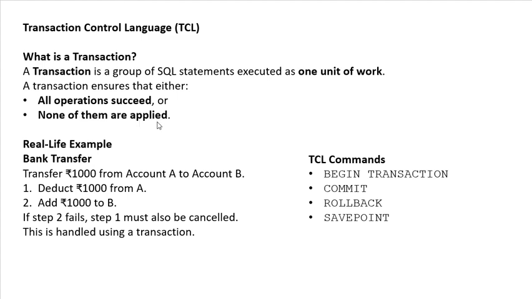In a real-life example, a bank transfer: transferring a thousand rupees from account A to account B. First, debit the thousand rupees from A, and second, add the thousand rupees to B. If step 2 fails, step 1 must also be cancelled, and this is handled using the transaction.